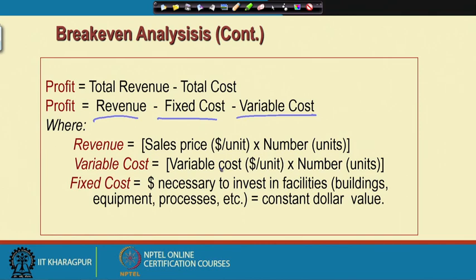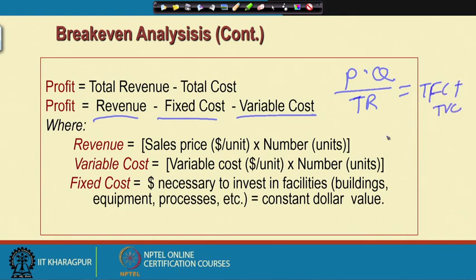Let me give you the structure like this. In the break-even situation, total revenue is exactly equal to total cost. Total revenue is P into Q, and that equals total cost, which is the total fixed cost plus total variable cost.